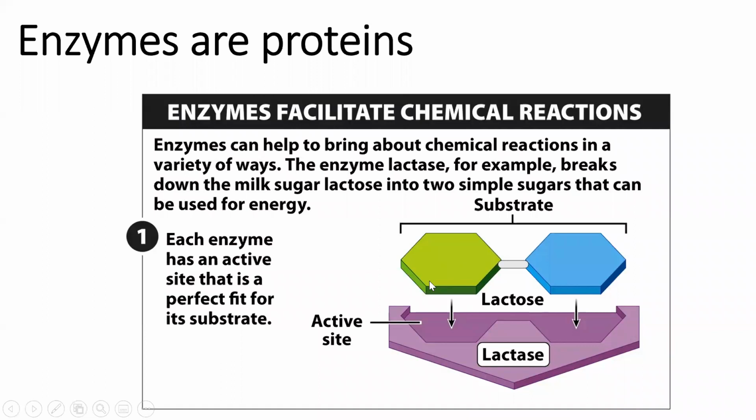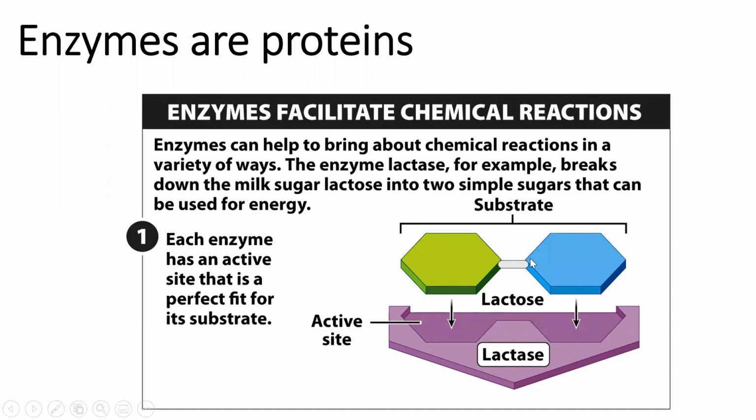We're going to talk about this more, but the part of an enzyme that you can see here is an active site, which is where the substrate, which is the biological term that we use for reactant. So chemists use the word reactants and biochemists use the word substrate.